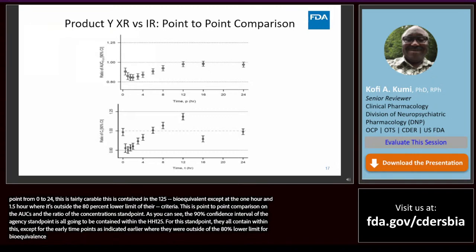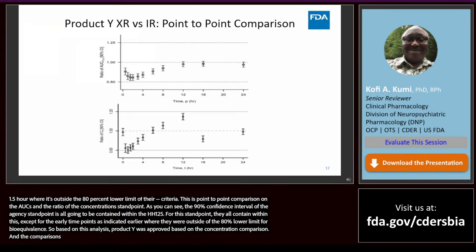So based on this analysis, this product Y XR was approved based on point-to-point concentration comparison, partial AUC comparisons, and traditional bioequivalence comparisons. So no clinical studies were conducted for this program.